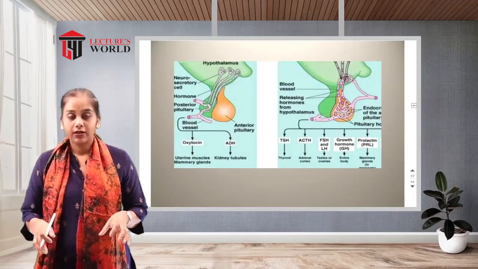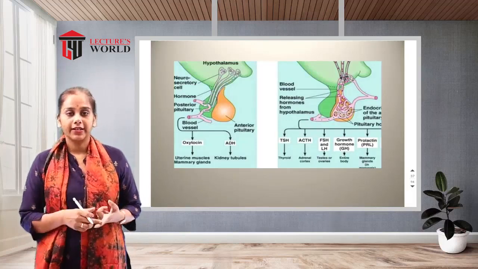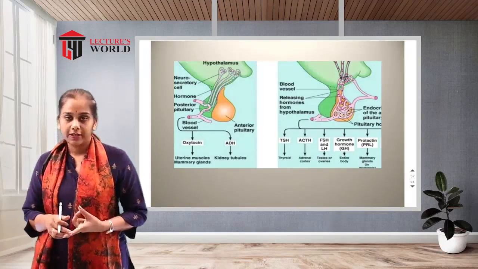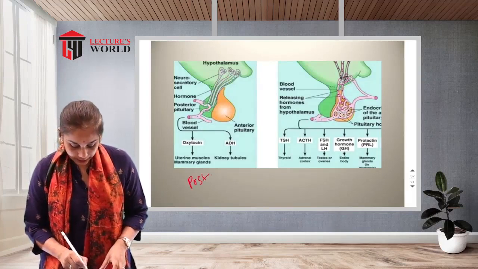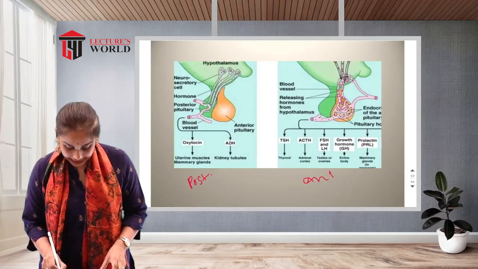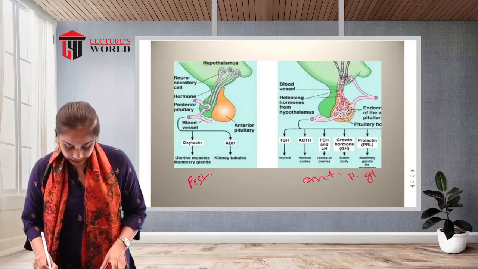These are the hormones related to the anterior pituitary gland and posterior pituitary gland. You can see this is the posterior pituitary gland hormone, and this is the anterior pituitary gland.